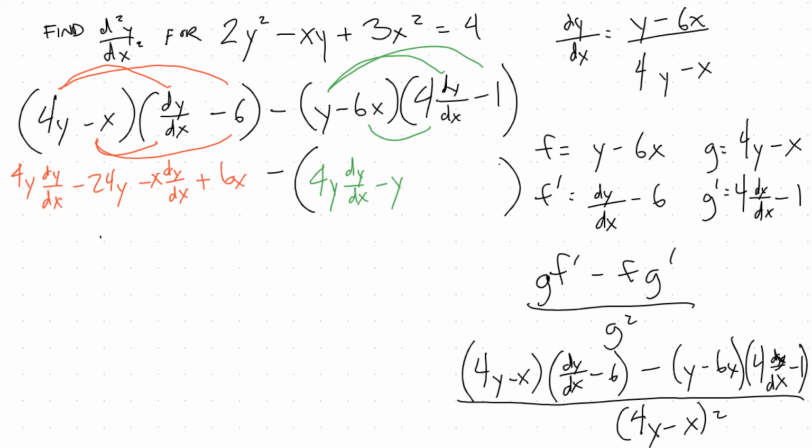And we're going to have minus 24x dy dx. And negative 6x times negative 1 is going to give us plus 6x. So I've got to distribute the negative, and that's going to give me all of these terms.